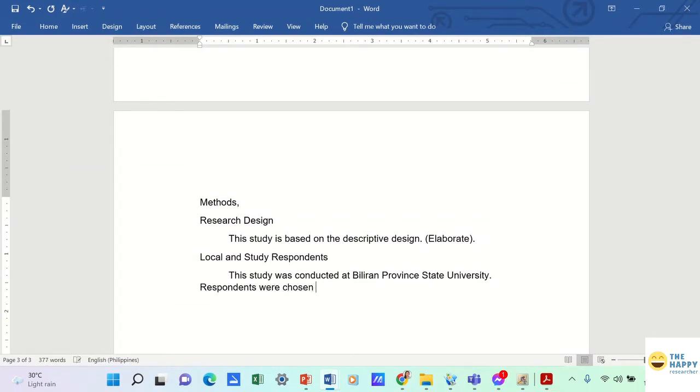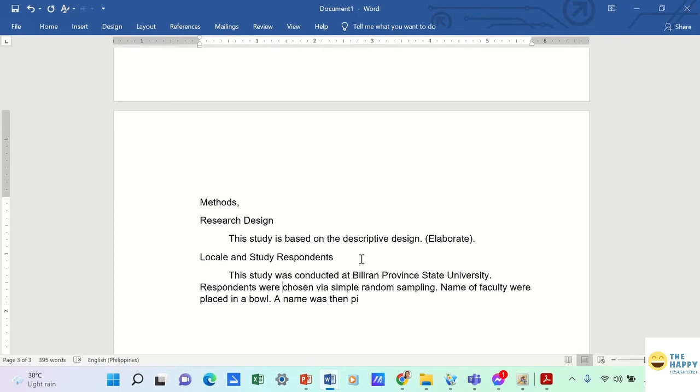And then you proceed to making your locale and study respondents. Here, you'll try to justify why you conducted it in that locality, and then who your study respondents are, and how you will be choosing your respondents. So basically, we will also be discussing sampling. There are usually two types of sampling methods, as you will learn later: the random and non-random research designs.